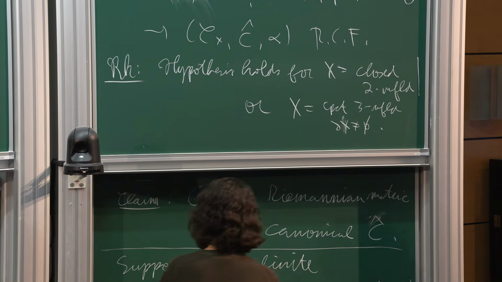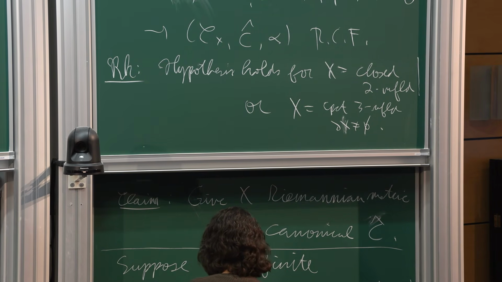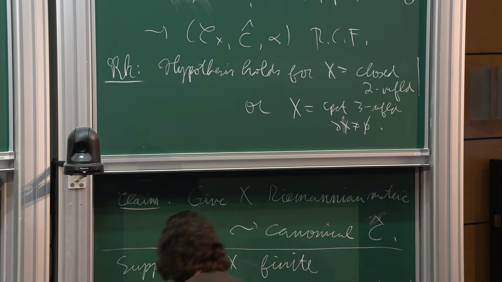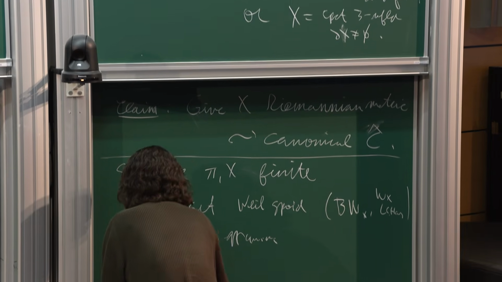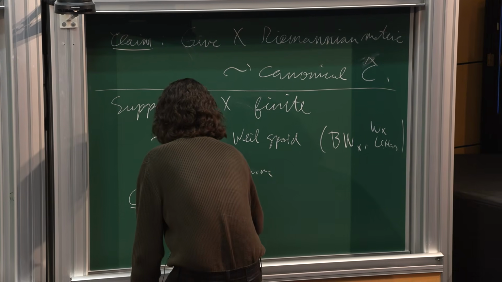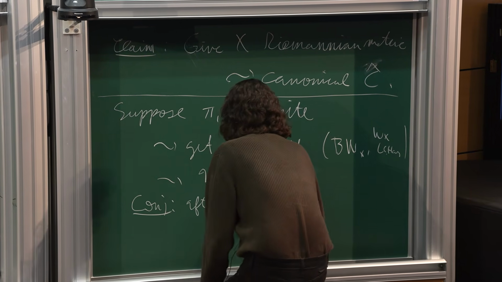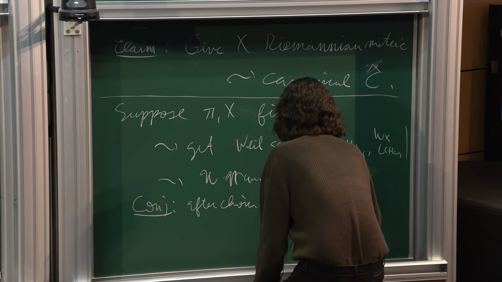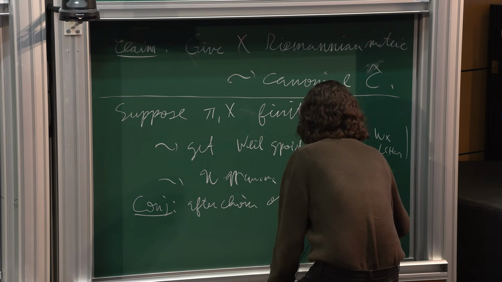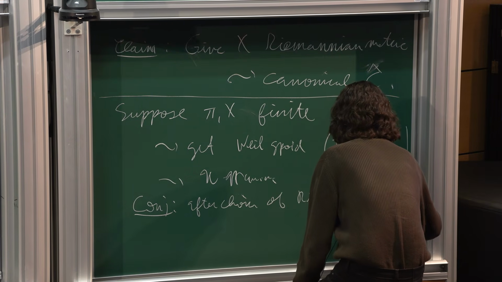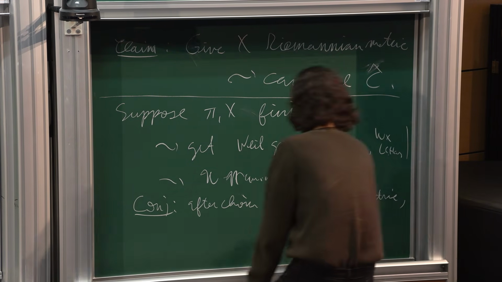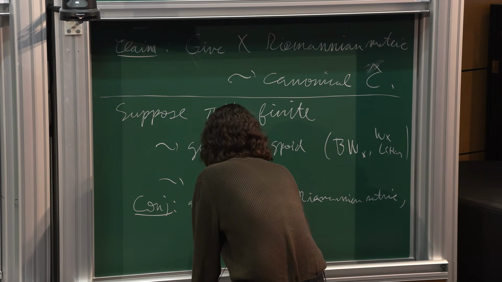All right. And then, as I'm going to explain, you can also build a Weil-Moore anima, potentially non-canonically, but I would kind of conjecture, again after choosing a Riemannian structure, like the Weil-Moore.